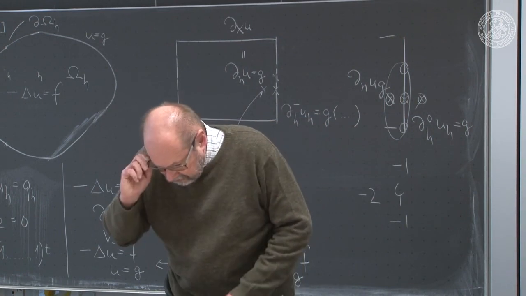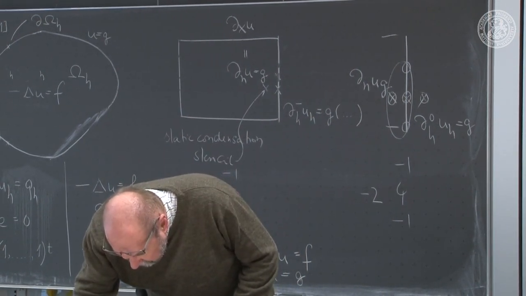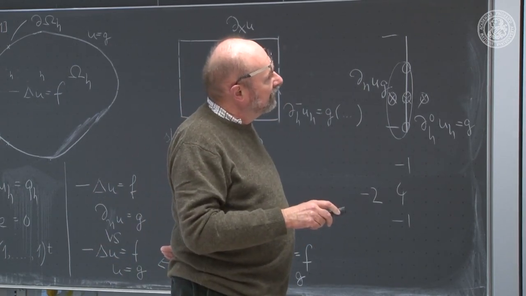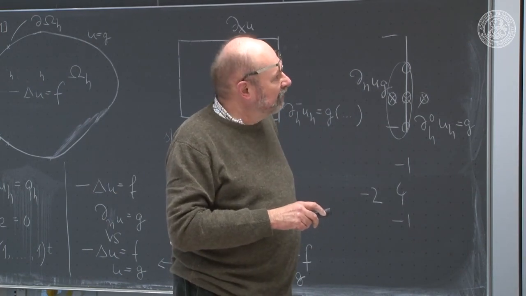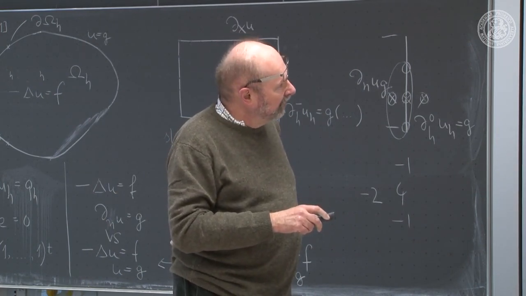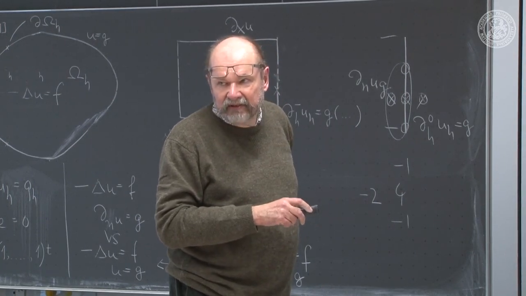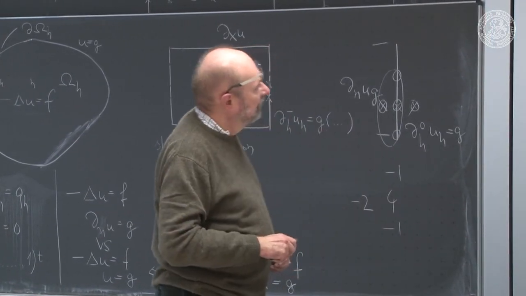Hopefully it's corrected here. It's not corrected here. Okay. The correct version is that if the solution attains its maximum in omega h in the interior, then it must be constant on the whole domain with the boundary in this sense, the whole domain with the boundary apart from those 4 points which do not play any role.